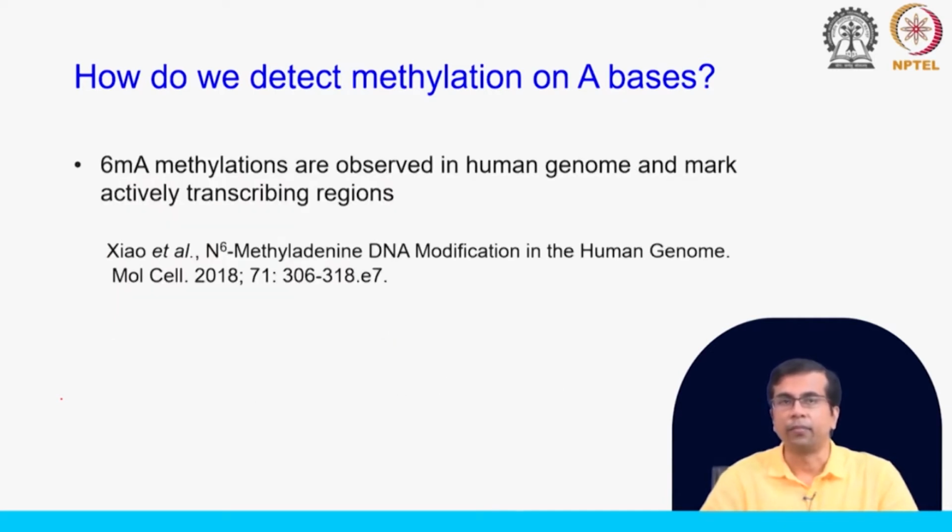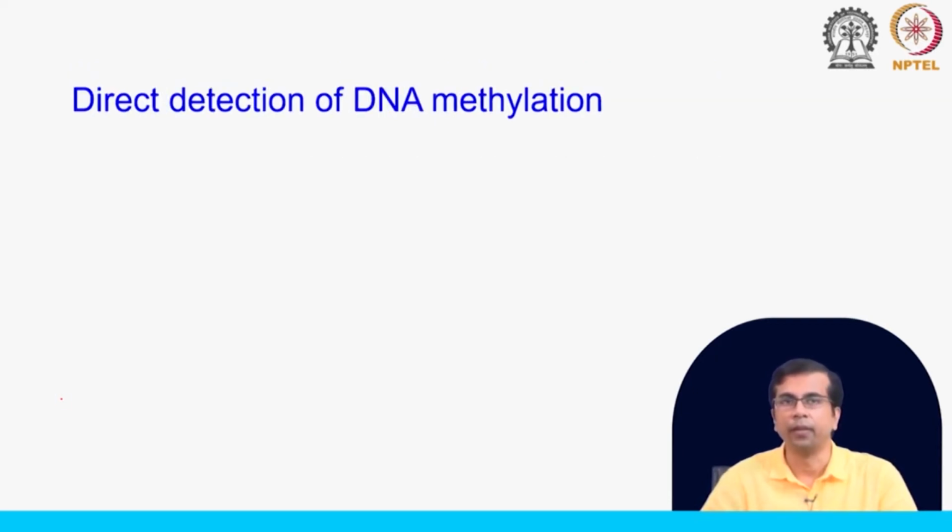However, recently papers have shown that these 6mA methylations are also present in the human genome, and they mark actively transcribing regions, and the levels of these modifications change in human diseases. So, here is the reference. If you are interested, you can go and read further.